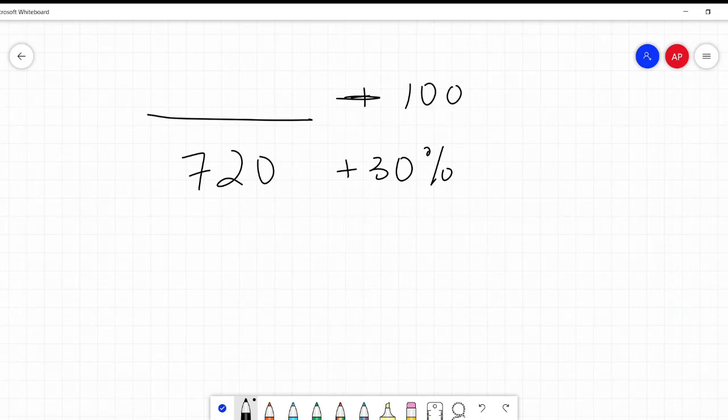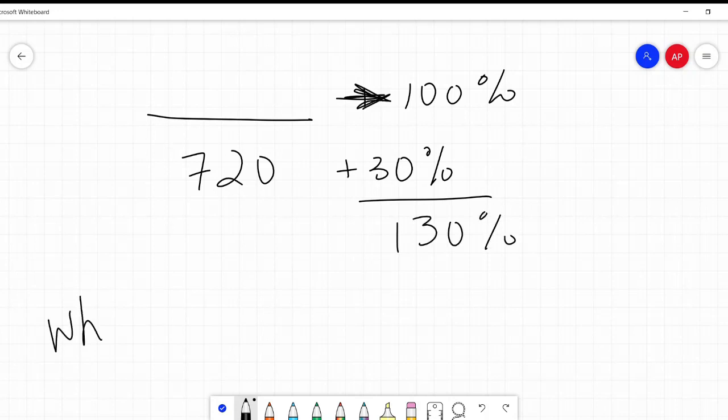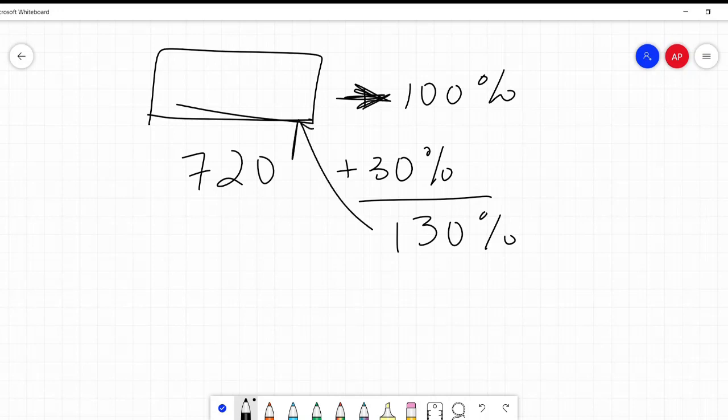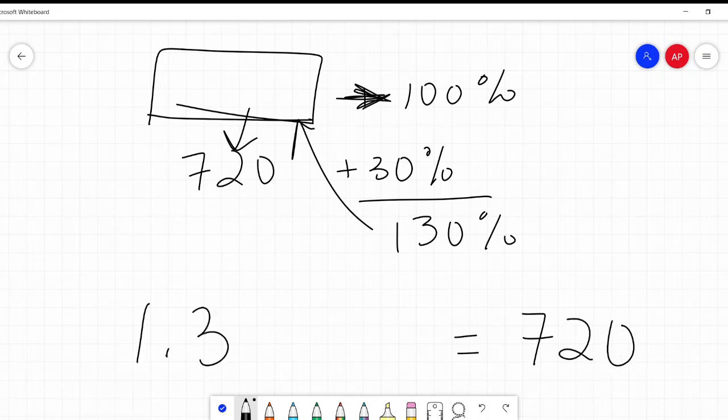This one is our 100%, so 100 plus 30 is 130%. You normally would say, what is 130% of this number here? But here they're giving us the result. So it's 130%, or 1.3, times what equals 720. You just divide. Again, that's uncommon. I can't recall seeing that too much.